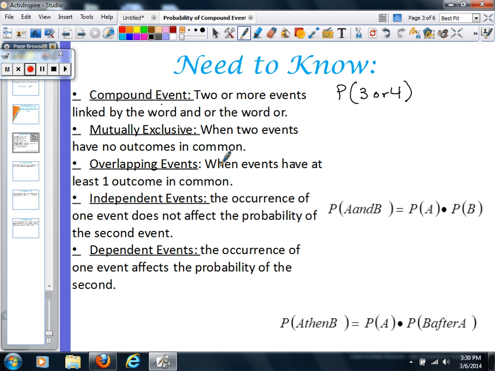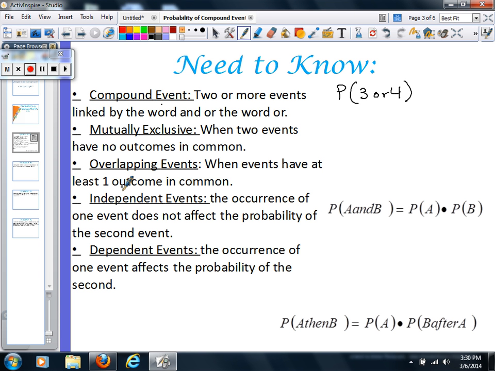Those events, their outcomes are going to have nothing in common. All right, but we could be looking for the probability of those together, and we'll see how to do that in a minute.